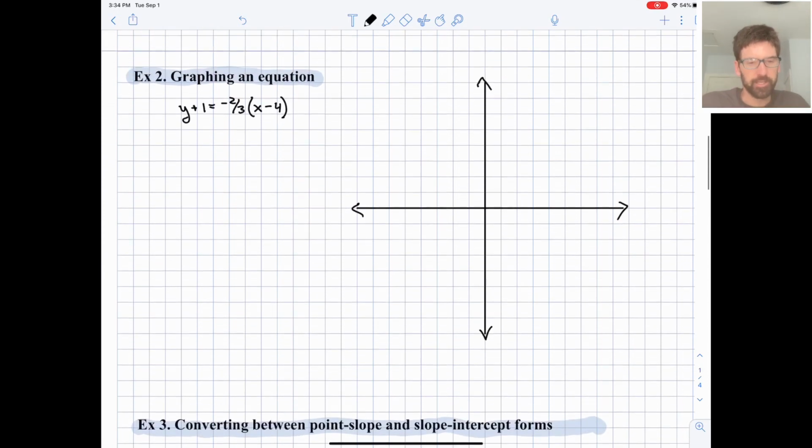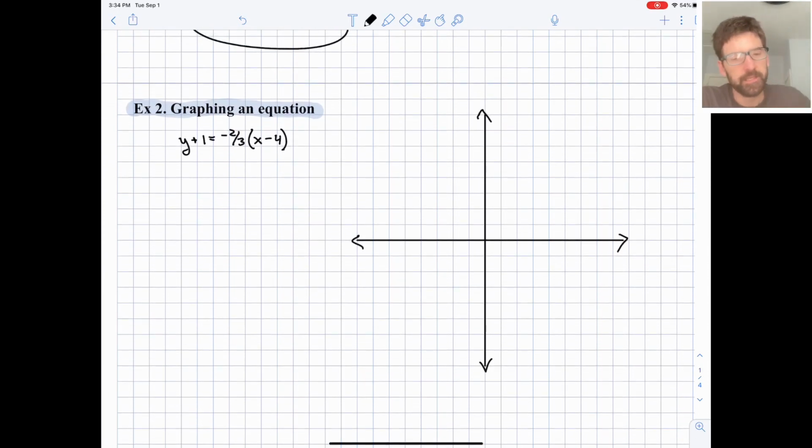Let's graph an equation here as well. So I think it's best practice here to actually write out what you know. So I know that my slope here is negative 2/3, and I know that my point is 4 comma negative 1. Okay, so once again, I turn the y plus 1 into a y minus a negative 1.